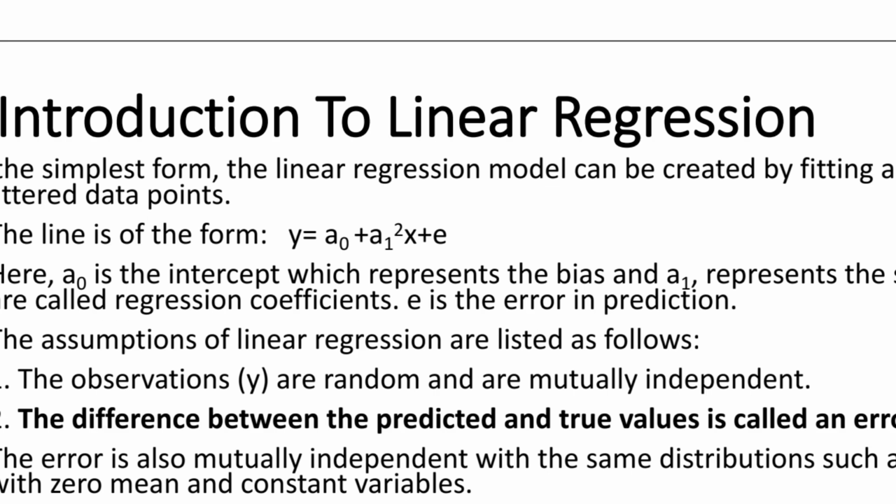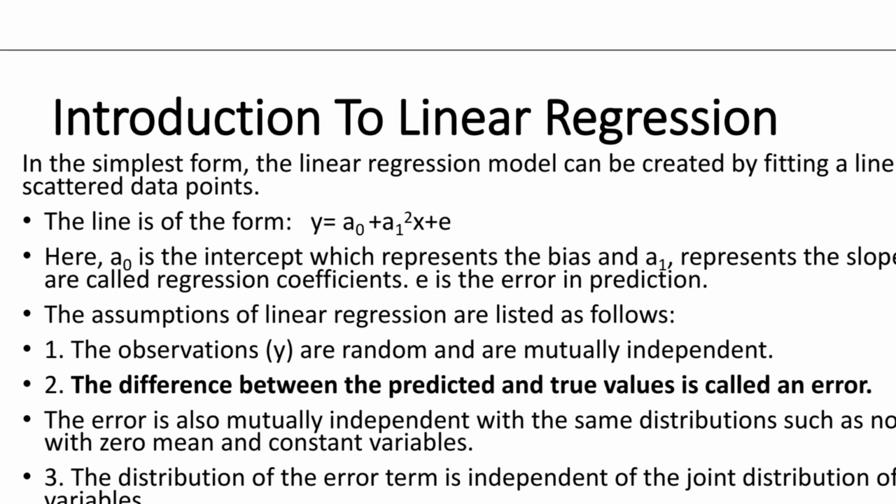How to get that error? From the equation we get the observed value, and the actual value is given in the data set. In many cases these values may not be the same, so that is called error.